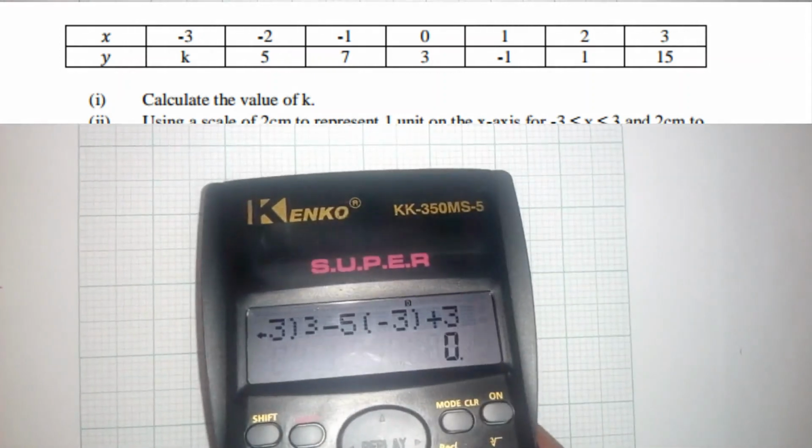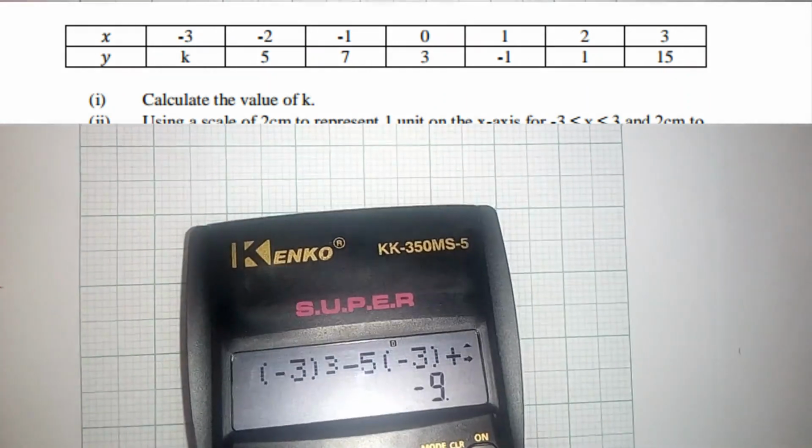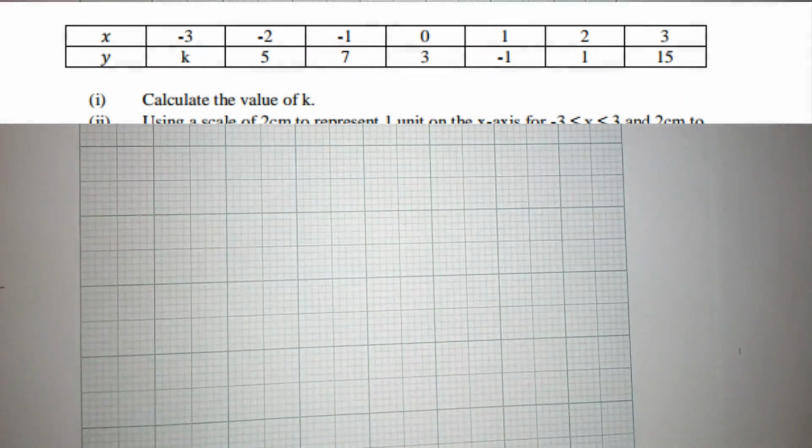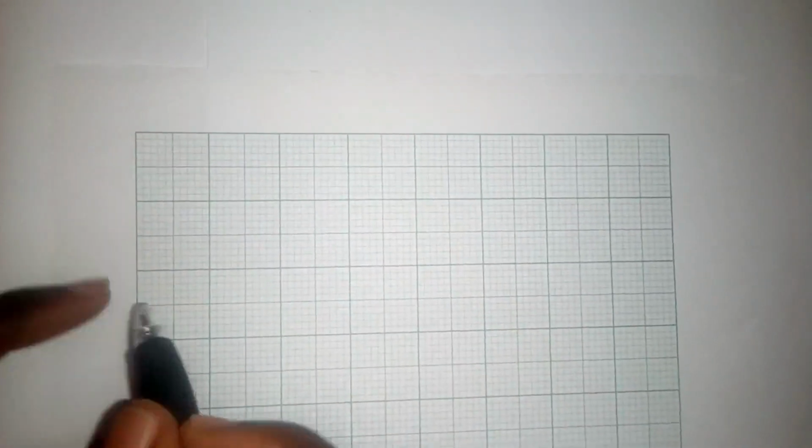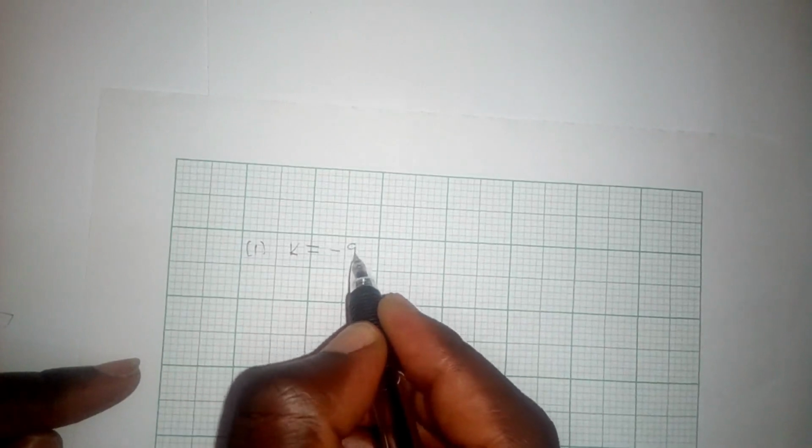When you punch like that, you say equal to, it will give you the value of k, which is -9. So you can write -9 on top here of your graph paper. This is question 1, value of k is equal to -9.